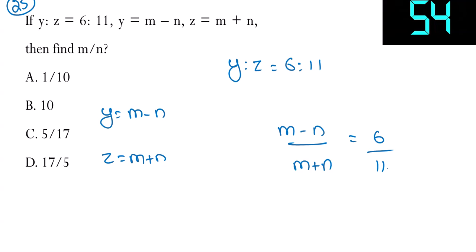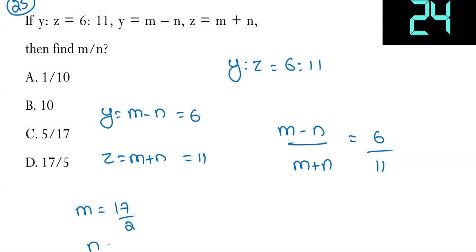Very easy. So what we can do: m minus n equal to 6, m plus n equal to 11. You can directly take likewise and you can solve the equation also if required. You can take 6 and 11, it can be 60 and it can be 110, we can take different values, right? So I'm taking 6 and 11. Adding these two and dividing by 2 is m, 17 by 2.